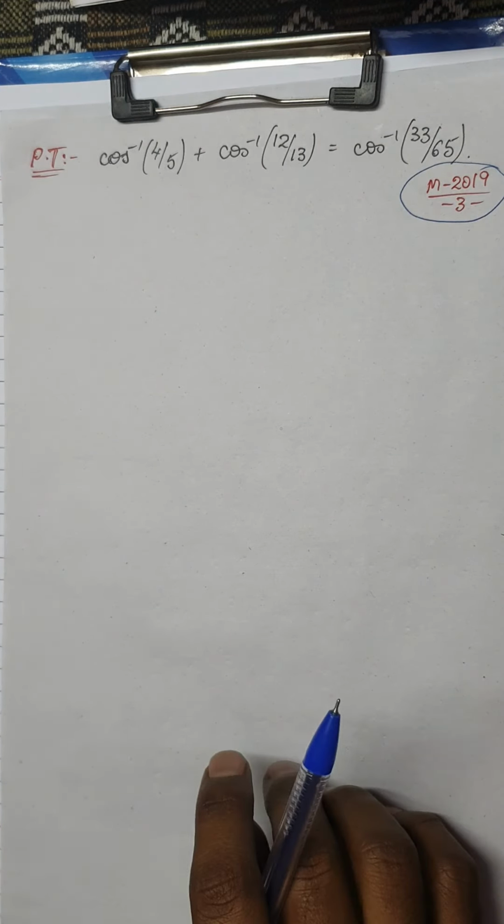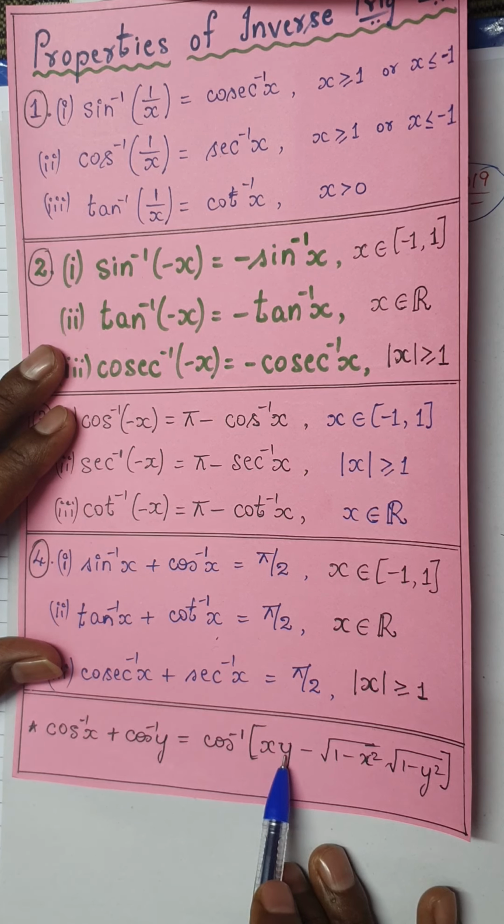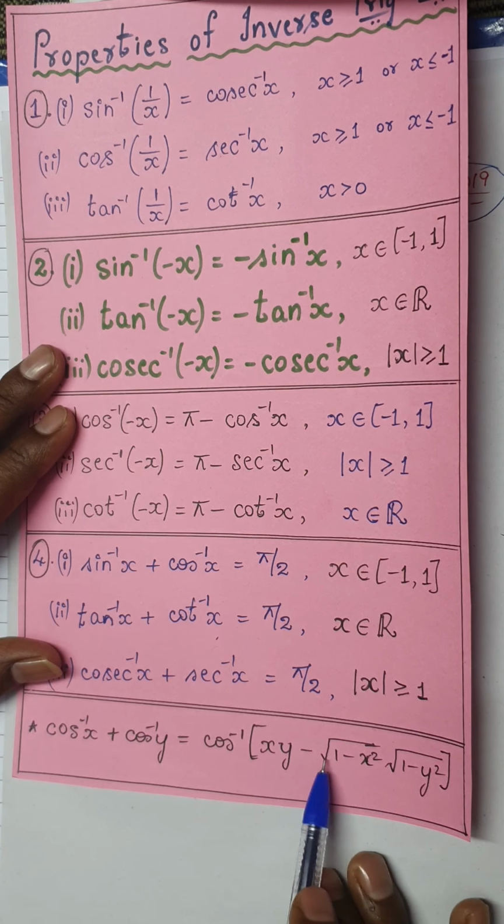In the textbook we don't have the formula for cos inverse of x plus cos inverse of y, similarly sin inverse of x plus sin inverse of y. But in the previous old syllabus, we had this formula: cos inverse of x plus cos inverse of y is cos inverse of x into y minus root of 1 minus x square into root of 1 minus y square.